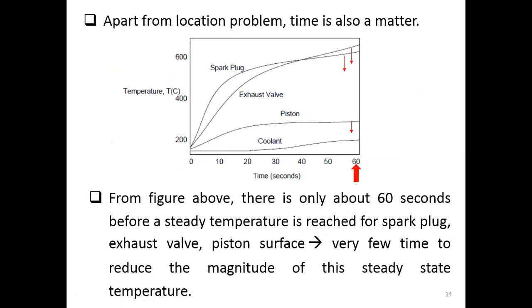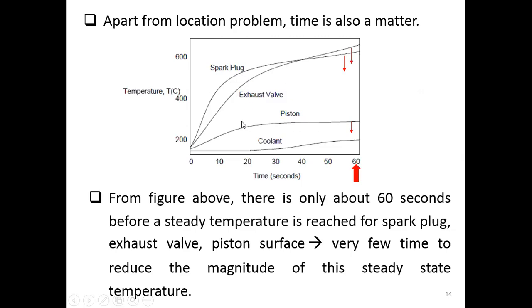Apart from the location problem, another problem is the time. Time for us to control the heat transfer is also a matter. Because when you look at here, overall, we have just about 60 seconds before the temperature in every part of the engine goes steady.